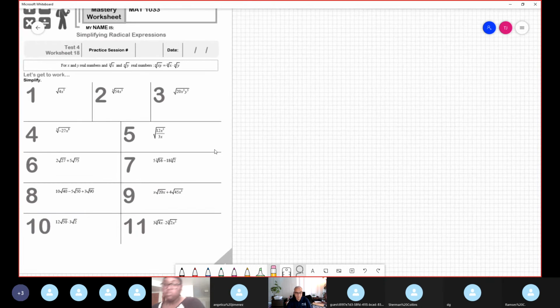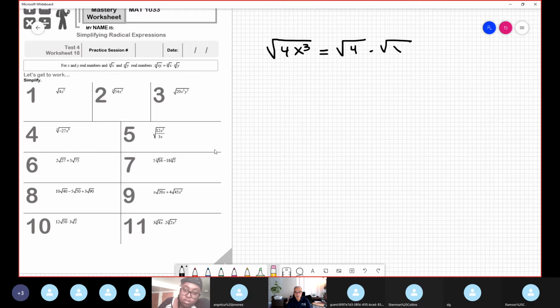Number 1, say square root of 4x cubed. Well, you can separate it like square root of 4 times square root of x cubed. Square root of 4 is 2. And with the cube, we can do something. Cubed is like x times x times x.